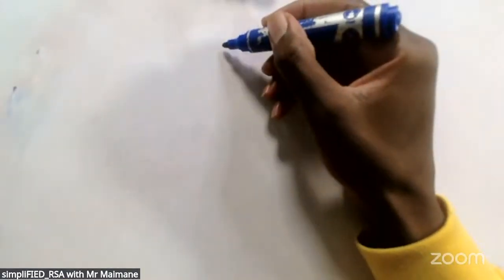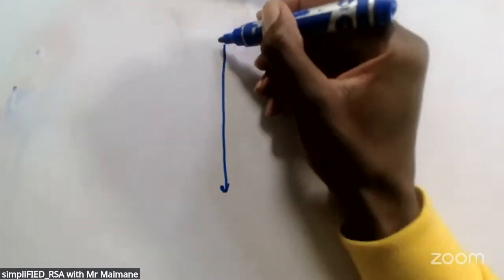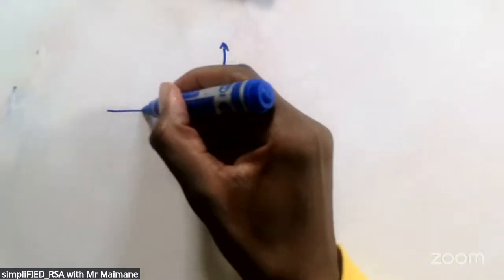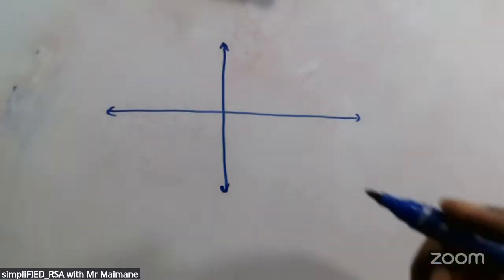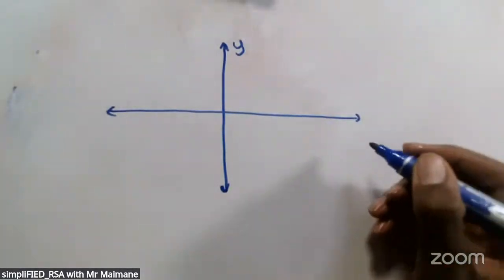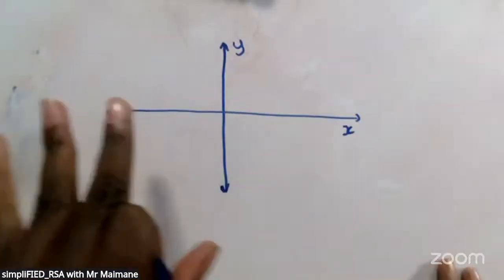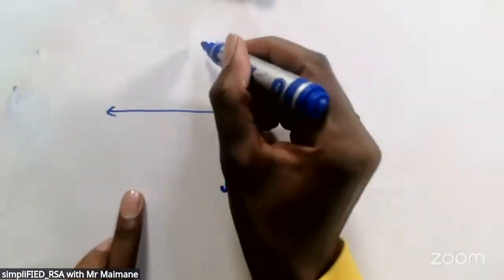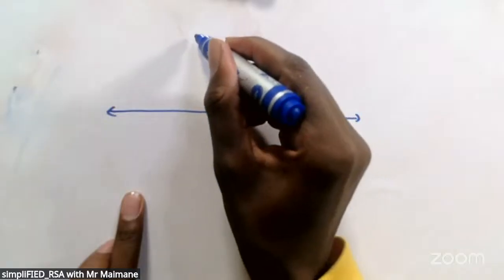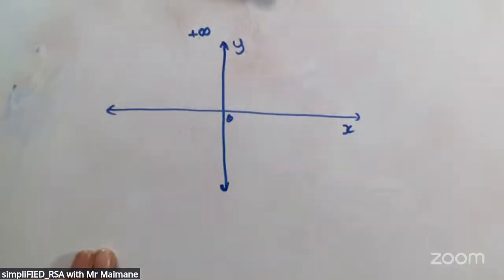So, in your Cartesian plane, you have the y-axis and the x-axis, the vertical axis and the horizontal axis. From 0 it goes up until positive infinity going up there. We all know, right?